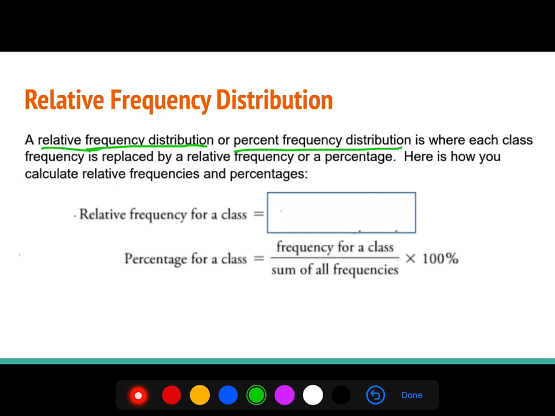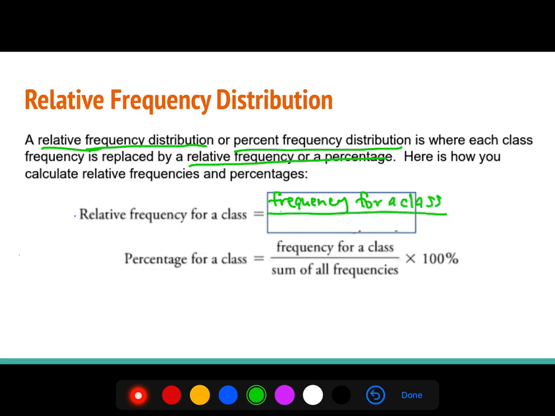A relative frequency distribution is basically what we would call a percent distribution also. It's where each class frequency is replaced by a relative frequency or a percentage. And how do you get that?